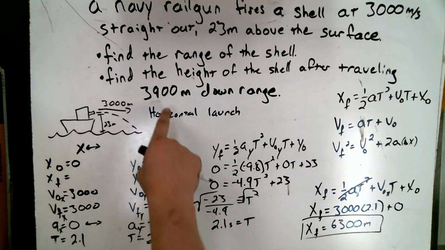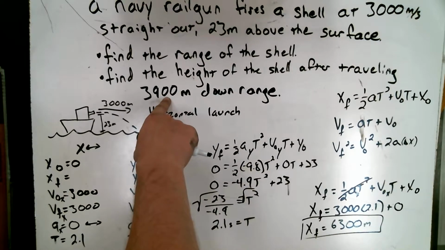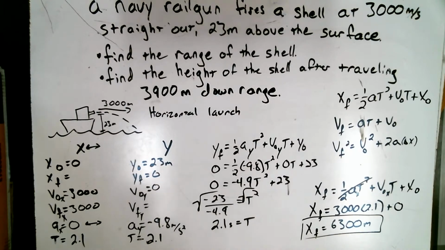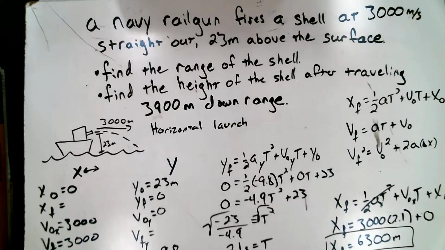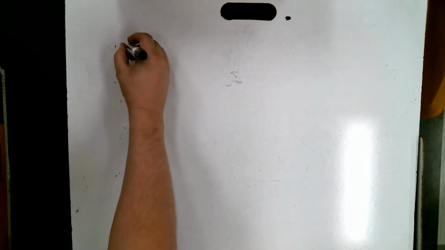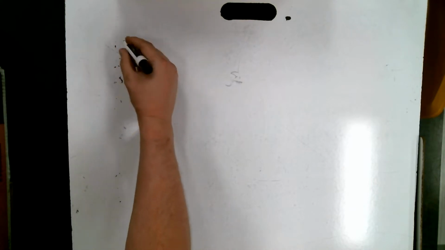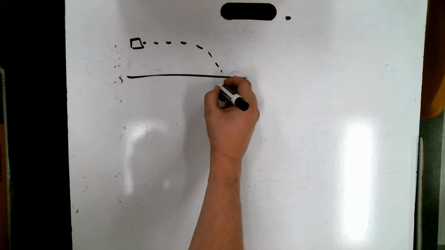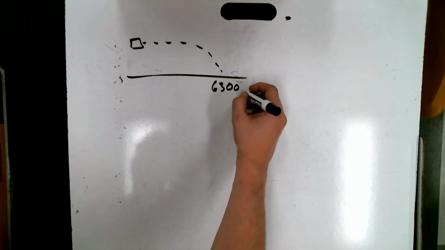Now, if I want to find where I am at 3,900 meters downrange, I have to tackle this problem a little differently. I need to know how long it takes to get to 3,900 meters. So when I fire the shell, so here's the shell, it goes this way. Here was the 6,300 meter mark.